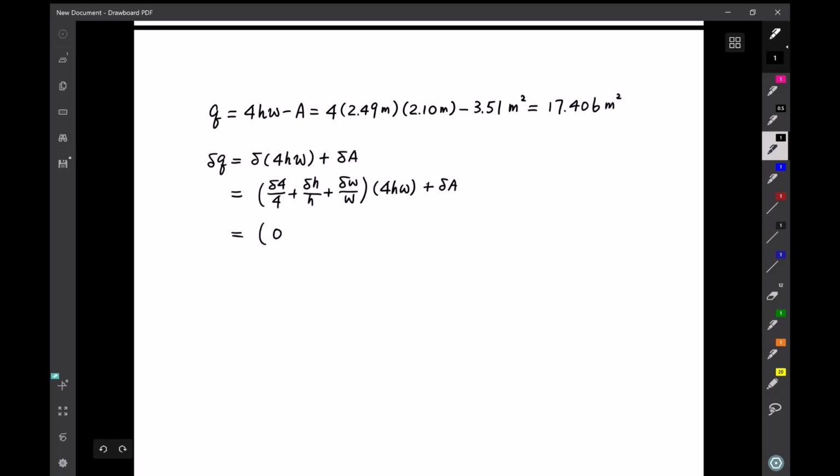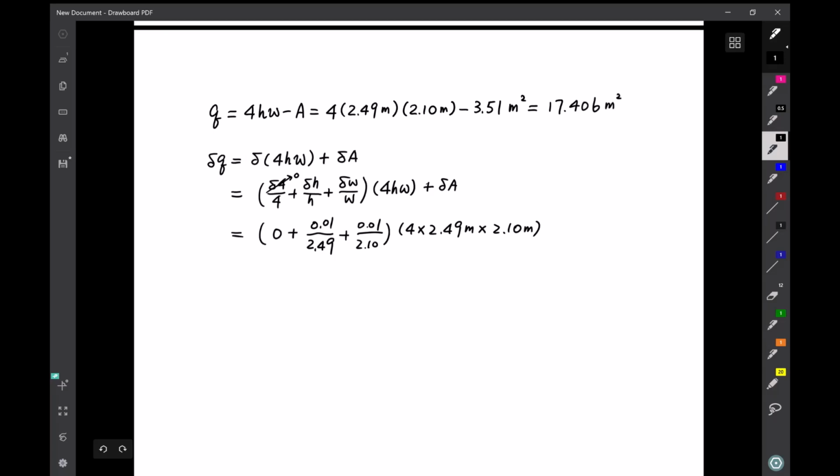This first one is 0. The second one is delta H over H, which is 0.01 over 2.49, plus delta W over W, 0.01 over 2.10, times 4 times 2.49 meters times 2.10 meters.